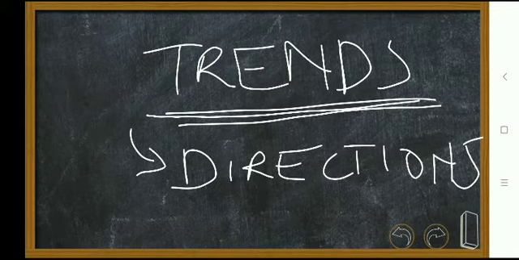When fashion is trending, that means there's a certain direction of clothing. I hope you get what I'm trying to say. If music is trending, that means people are listening to music of a certain direction. In a car, everything which is trending, that means there's a direction to it.